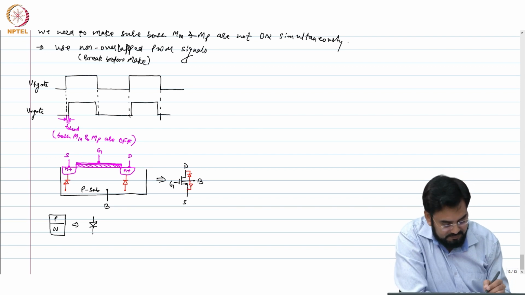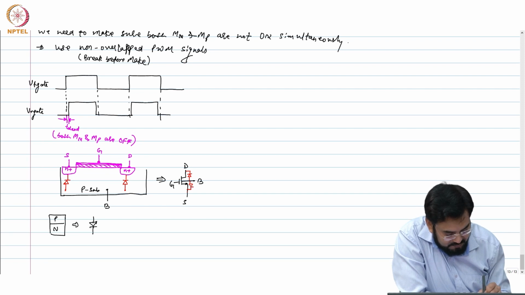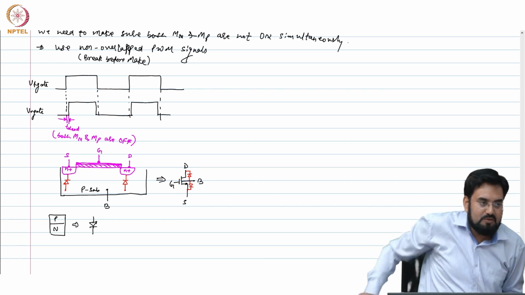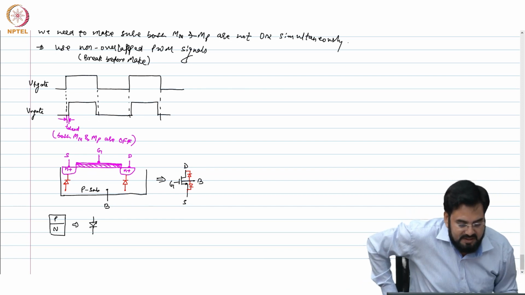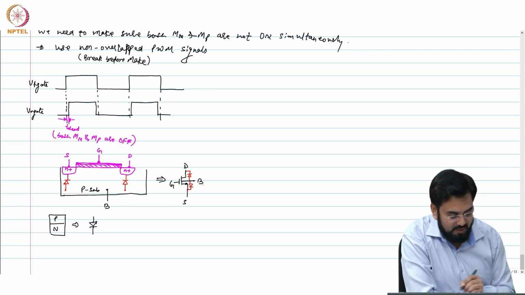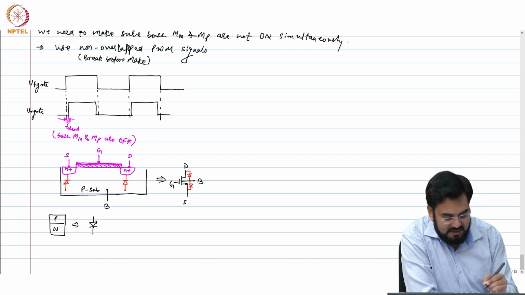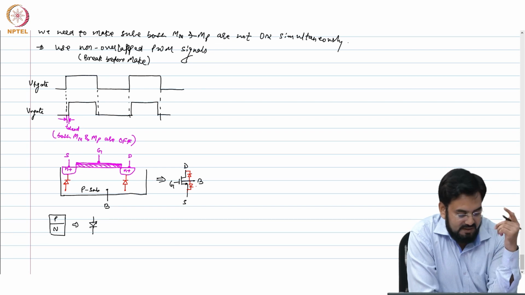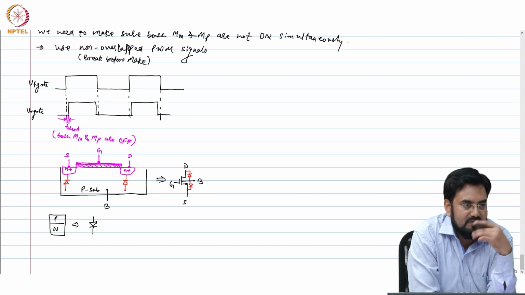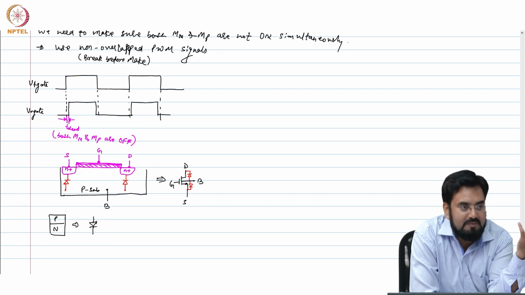Okay, so your P is common to both diodes, which is the substrate, your bulk or body. This is called the body diode, and in most cases the body is tied, for NMOS, to the lowest voltage, because the body is P type and you don't want to forward bias the diodes.